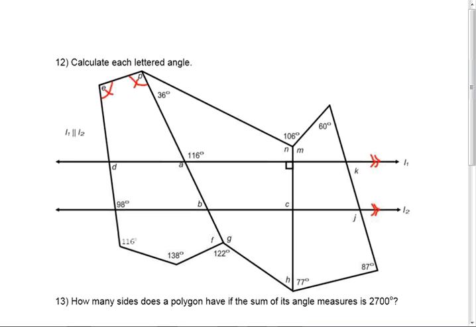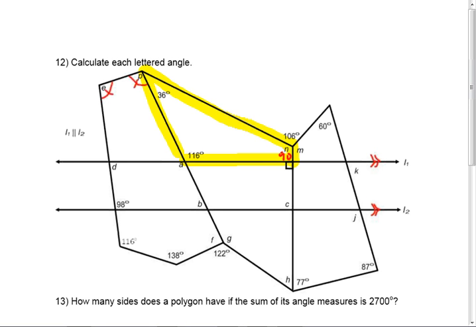Did you guys get this one or not? I have trouble with this one. Well, it's long. See, this is 90. And now I can do this one and find n. Because that's a quadrilateral. 1, 2, 3, 4.